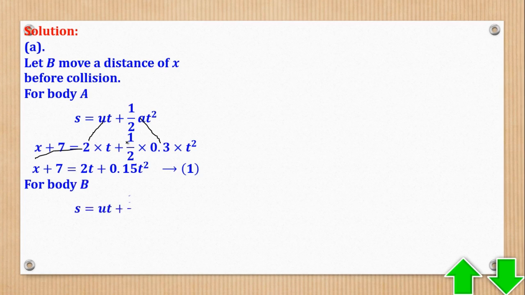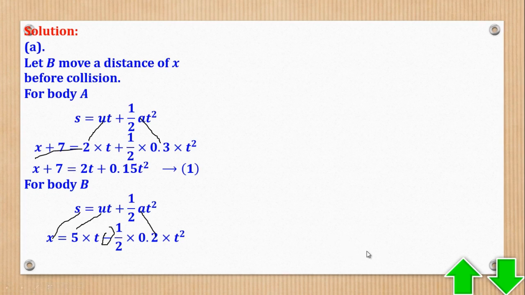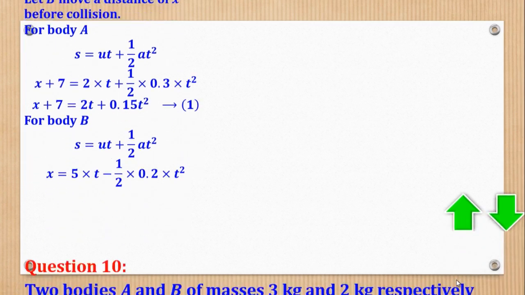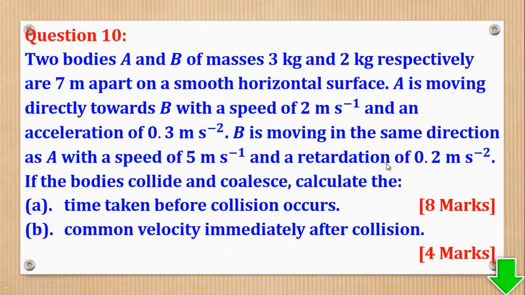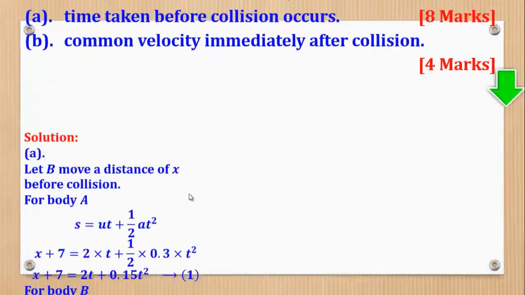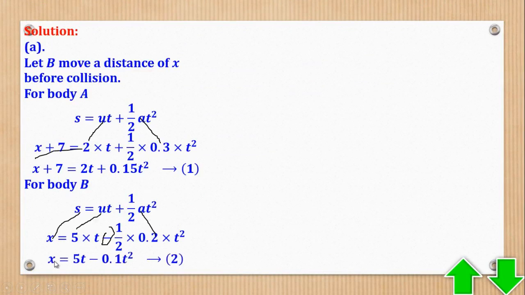Then for body B, using the second equation still, distance moved is x, initial velocity is 5, acceleration is 0.2. But here I'm putting a minus because there is a change in direction. It was a retardation, meaning it has to be negative. So when I simplify, I'll come up with that.